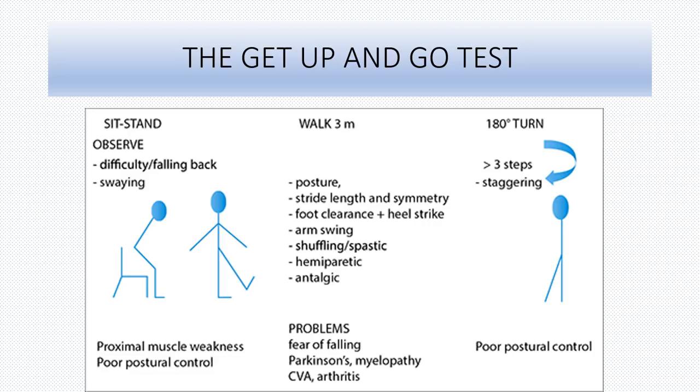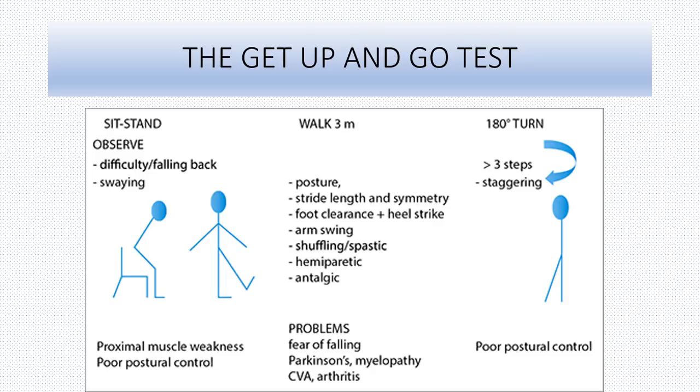So when the patient arises from the chair, you want to watch. Do they have difficulty getting up? Do they fall back into the chair? Are they swaying side to side? You want to watch them walk 10 feet, look at their posture, look at the stride length, look at the symmetry of their stride length. Again, you're going to look at clearance of their foot while walking, their heel strike, their arm swing.